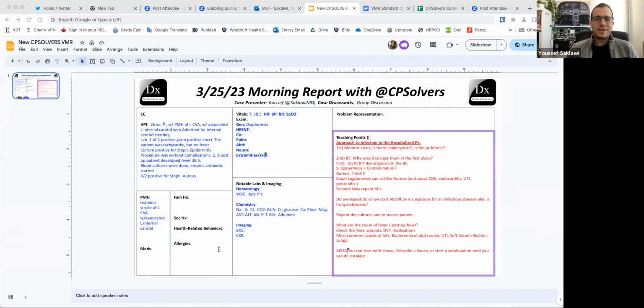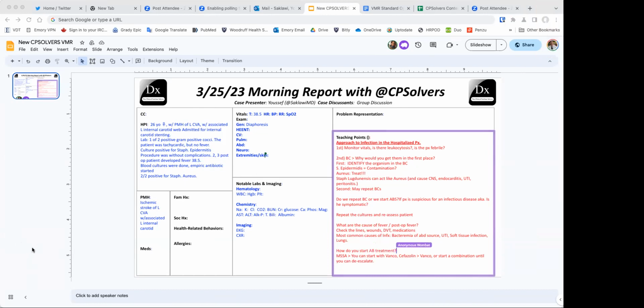Other things we would do are repeat blood cultures, start considering endocarditis, begin a TTE, and then consult ID. Although consulting ID sounds like something we should do because of an endovascular infection, which I highly recommend, this has also been proven in studies: consulting ID can improve mortality in patients with Staph bacteremia.